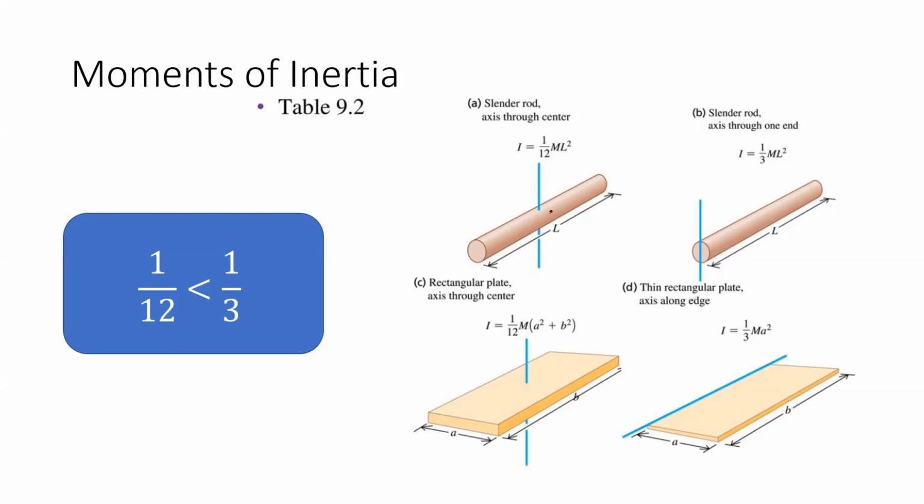If you look at this, the percentage of mass for this rod where the axis is through the center is closer to the axis of rotation than this rod. This rod has at least 50% located further from the axis of rotation. You will notice this is also true for the rectangular plate.